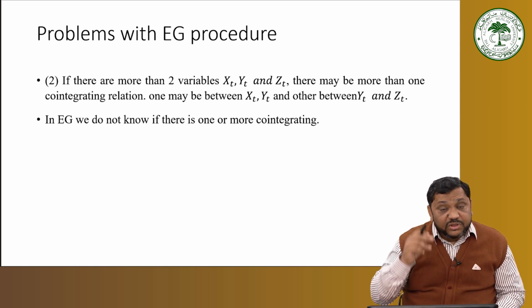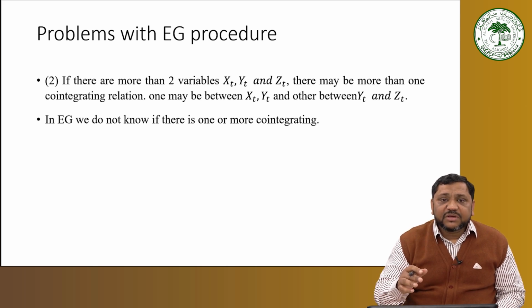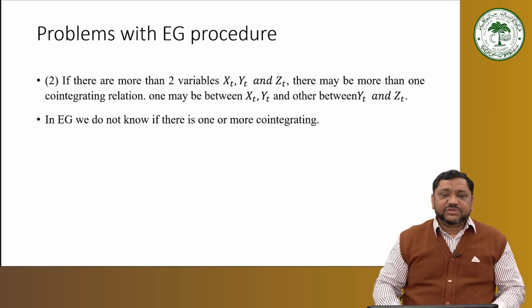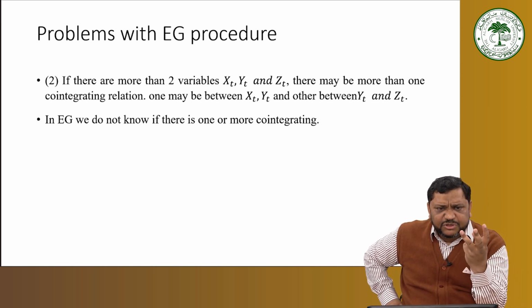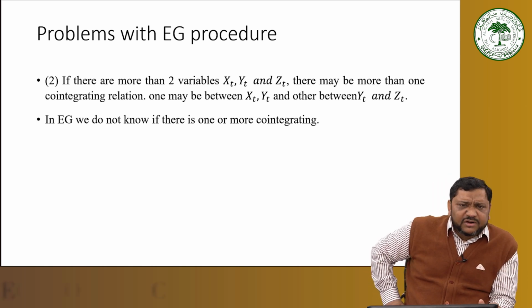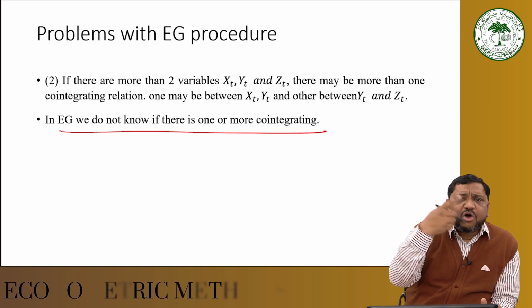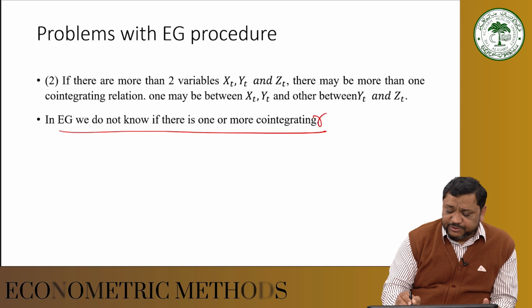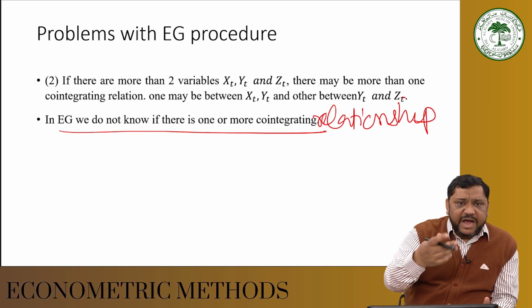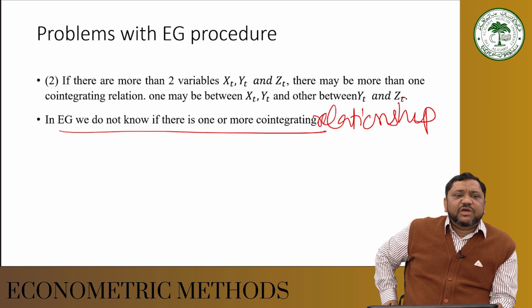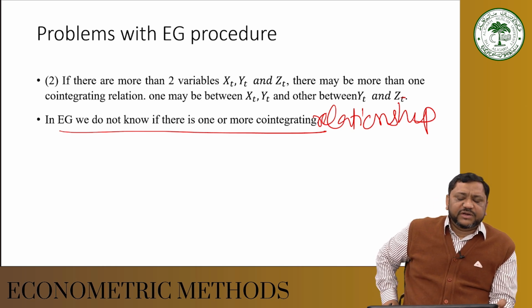But if there are more than two variables, say 3 variables, there may be 2 cointegrating relationships. So in Engle Granger, we do not know if there is one or more cointegrating relationships. We cannot identify from Engle and Granger whether there is one cointegrating relationship or 2.